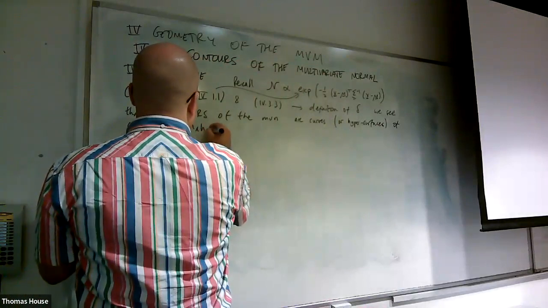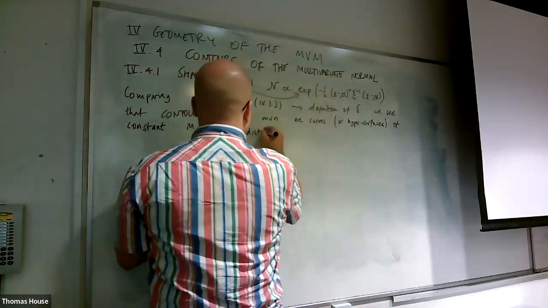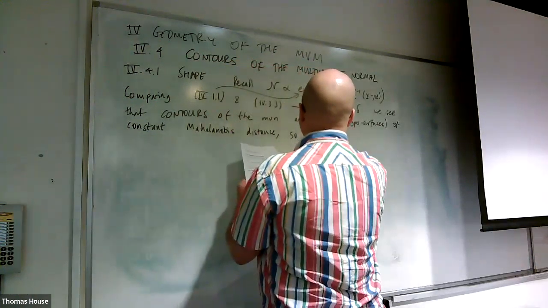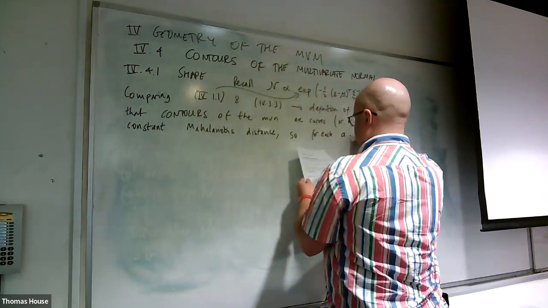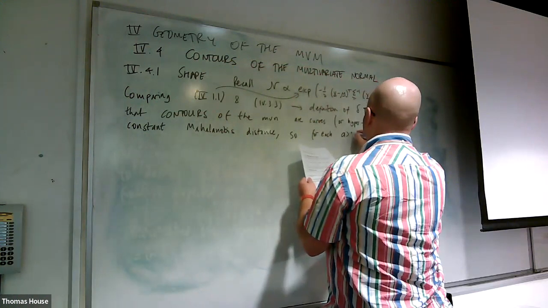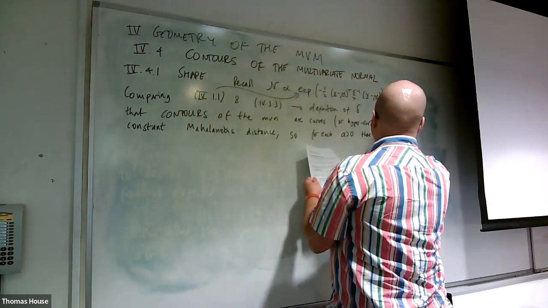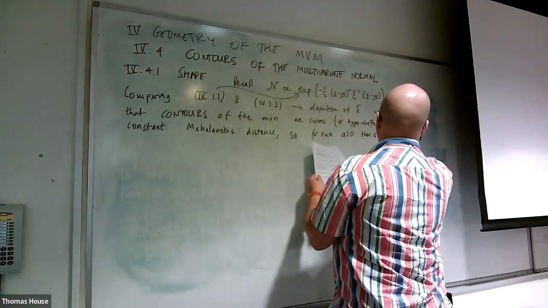A constant Mahalanobis distance, yeah. So for each a bigger than naught, I guess, there's a contour delta x equals a contour.